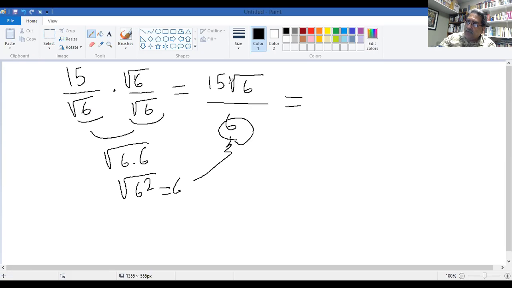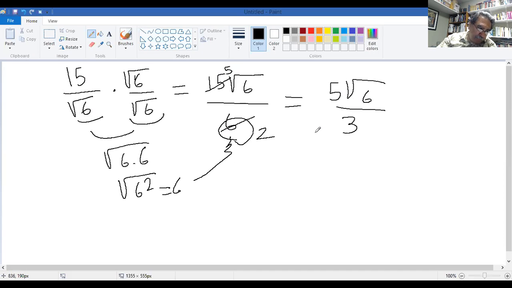Now, this can be simplified. 15 can be divided by 3, becomes 5. 6 divided by 3 becomes 2. So we have 5 square root of 6 over 2.